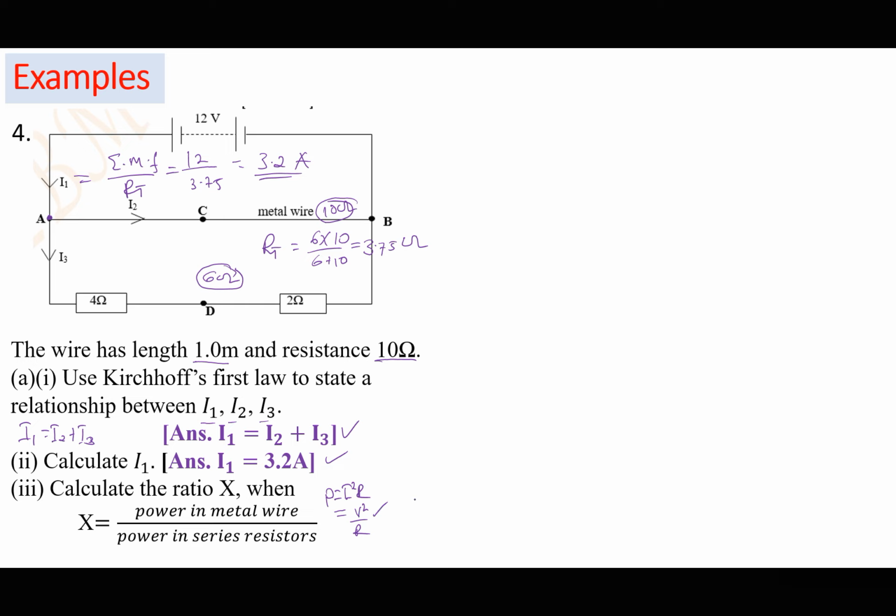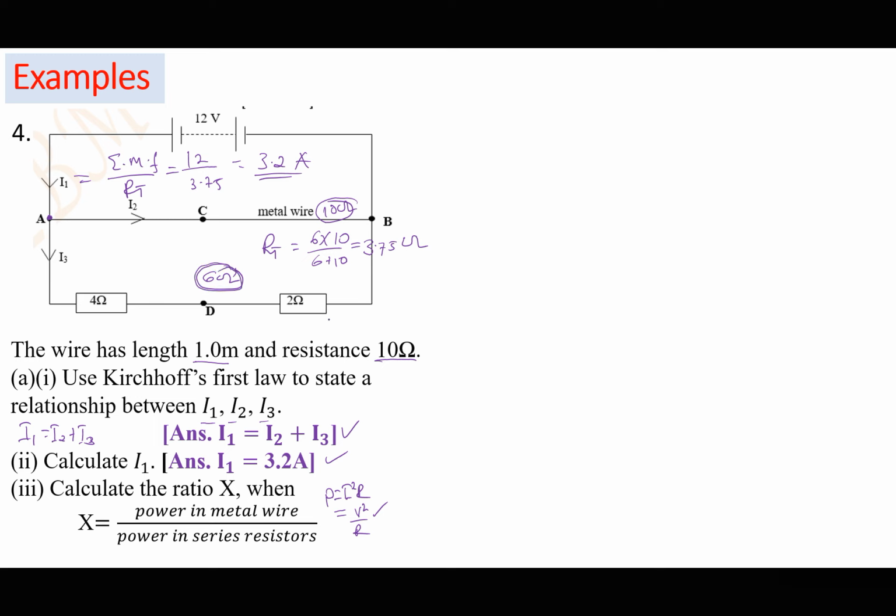So the ratio is going to be the PD, which is 12 squared, divided by the resistance of the metal wire, which is 10. Again, divide by the PD, which is 12, divided by the series resistance, which is a total of 6, because it's 4 plus 2.